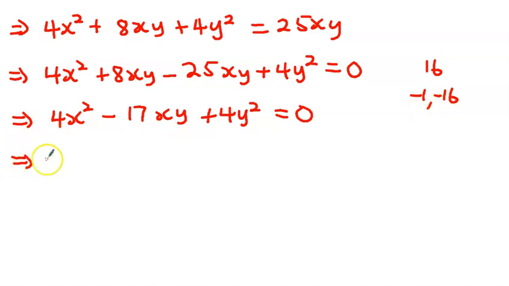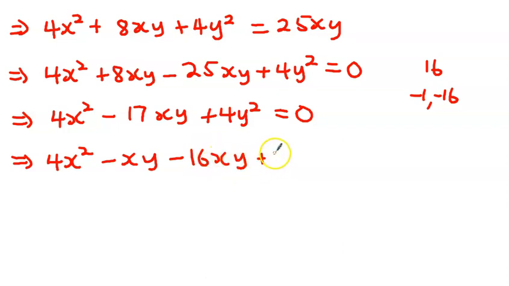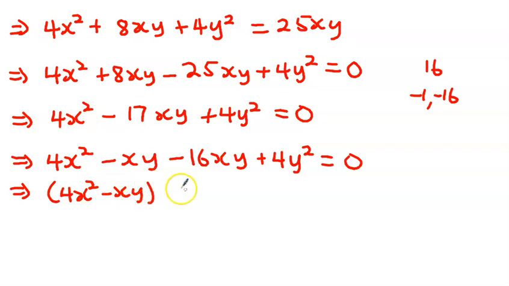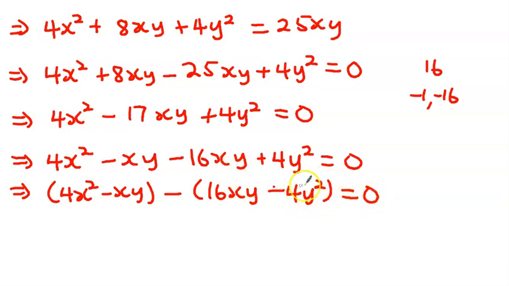So this implies that 4x squared minus xy minus 16xy plus 4y squared is equal to 0. So we have not changed anything. So we can group them. So 4x squared minus xy, minus 16xy plus 4y squared, which is equal to 0.